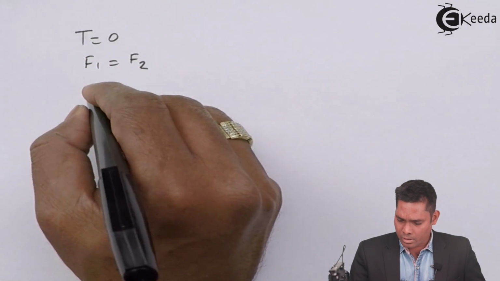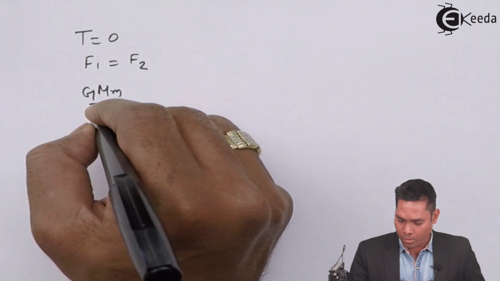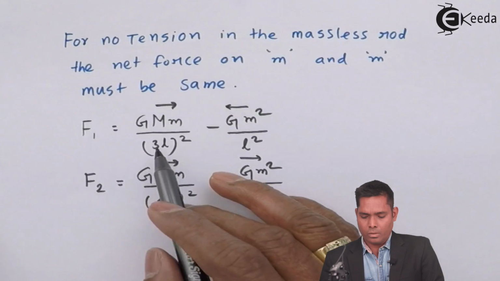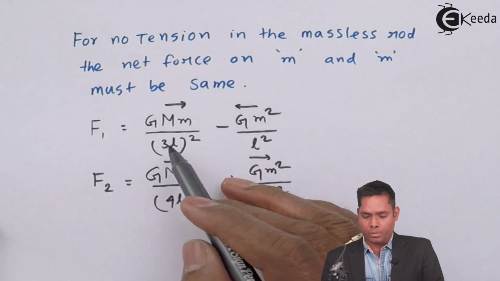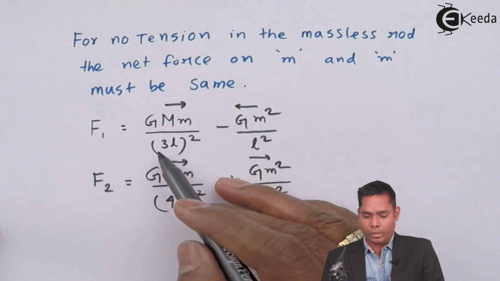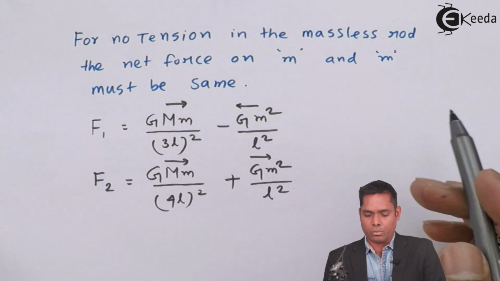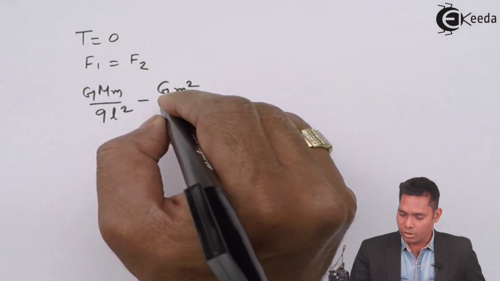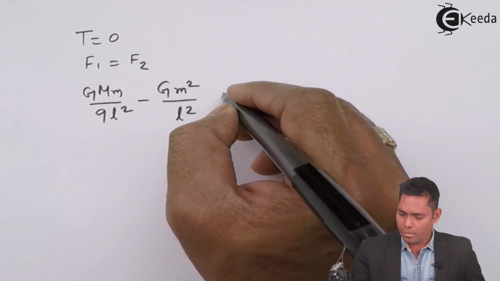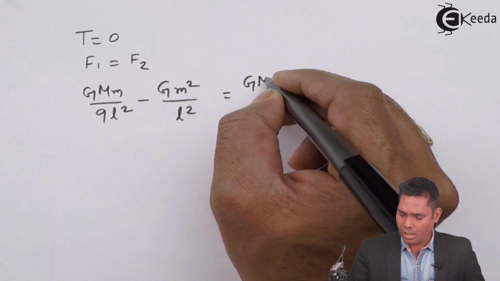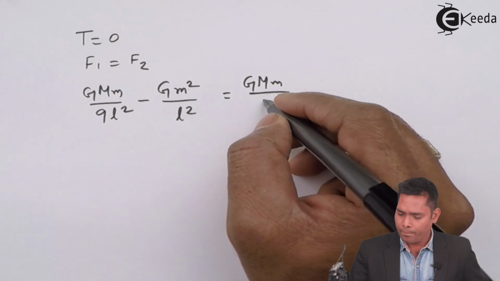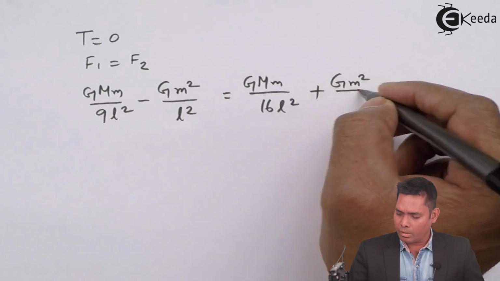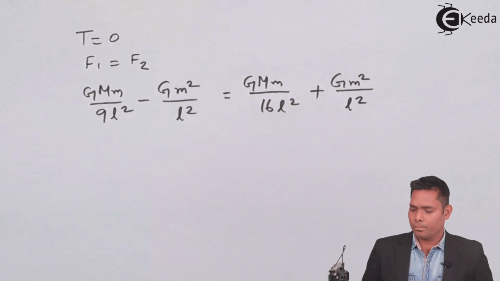So that means G M m upon 9L square, minus G m square over L square, must balance with G capital M small m divided by 16L square plus G m square divided by L square. This I am equating this force with this force.